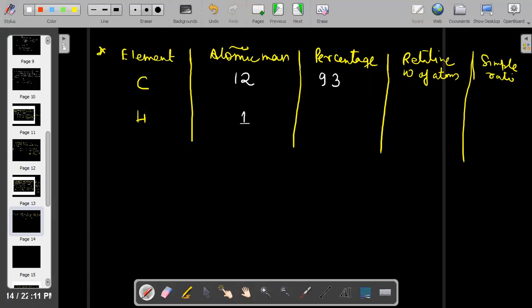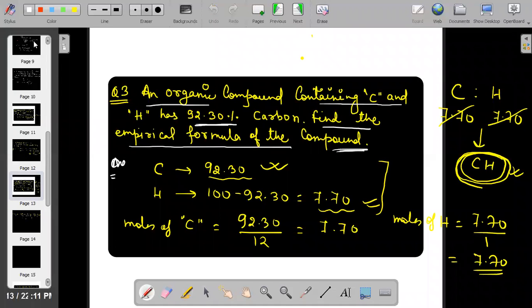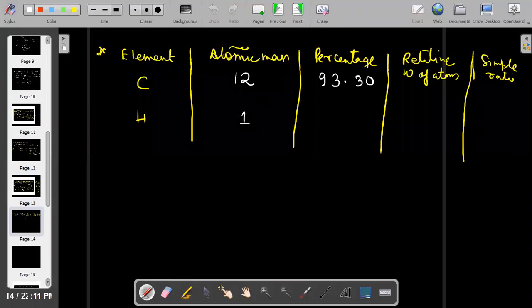So put 92.30 here. What is the percentage of hydrogen? 7.70. Is it clear what happened?